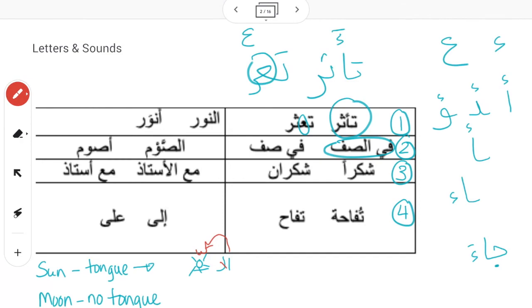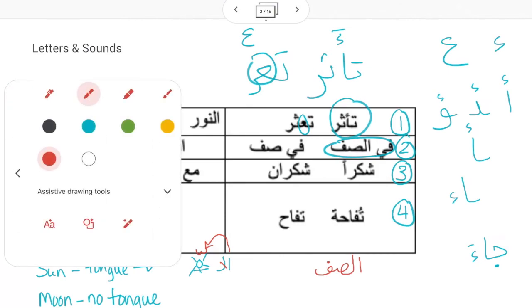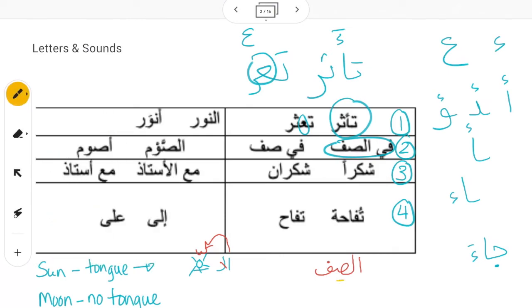So for instance, when we say the word saf, which means class, if I want to say saf with al on the front, I have to look at the alif lam and I say, okay, I have alif lam and then I have this letter here, which is a sun letter. Because it's shamsi and we use our tongue, when you say sa, you're using the sides of your tongue, they're hitting your molars. So we skip the lam and we pronounce the a sound here and connect it to that sad. So we get as-saf, as-saf.